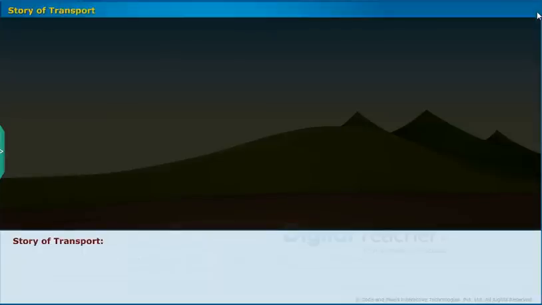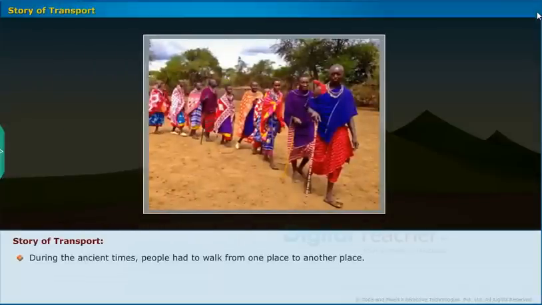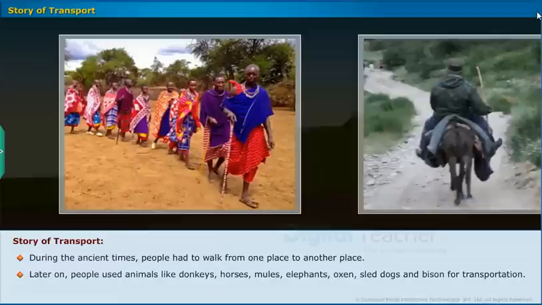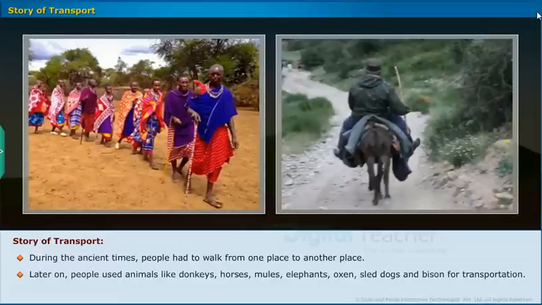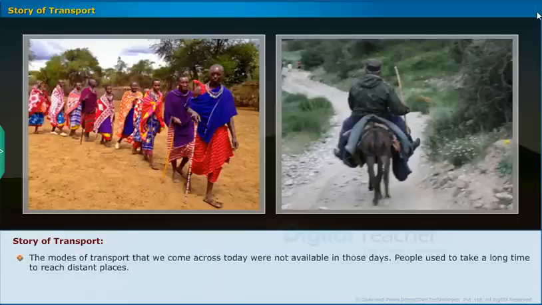Story of transport. During the ancient times, people had to walk from one place to another place. Later on, people used animals like donkeys, horses, mules, elephants, oxen, sled dogs, and bison for transportation. The modes of transport that we come across today were not available in those days.